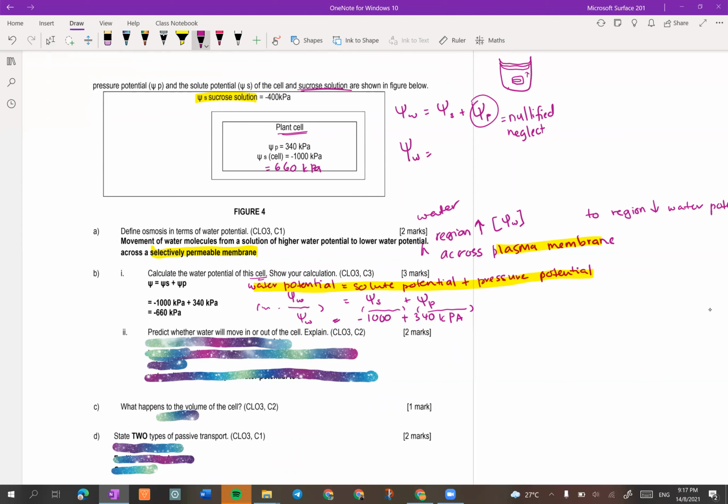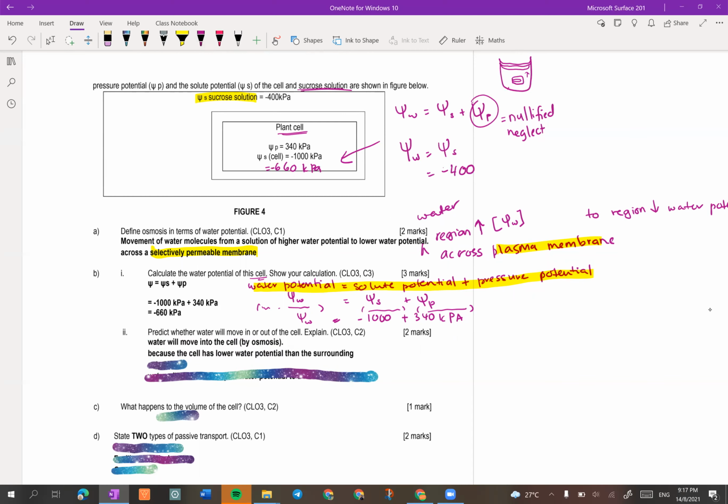So water potential kita secara tak langsung adalah sama dengan solute potential, which means it will be negative 400. So now, kita dah tahu, saya salah tadi, kena negative 660. Negative 660 dengan negative 400, yang lebih tinggi would be negative 400. Betul? So water will move in the cell.